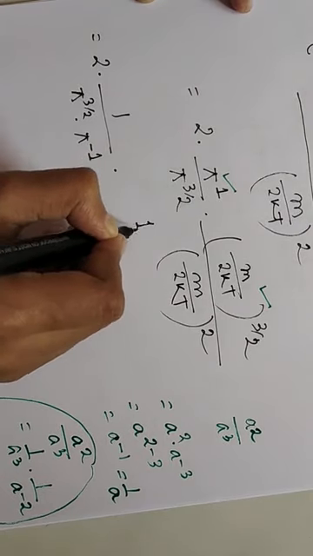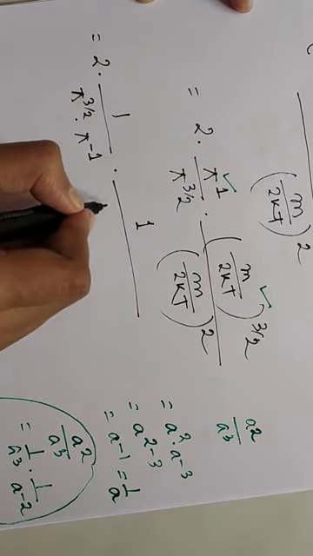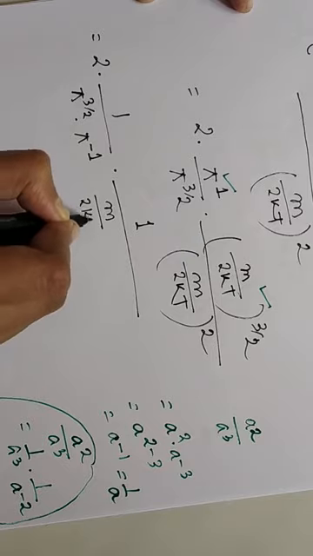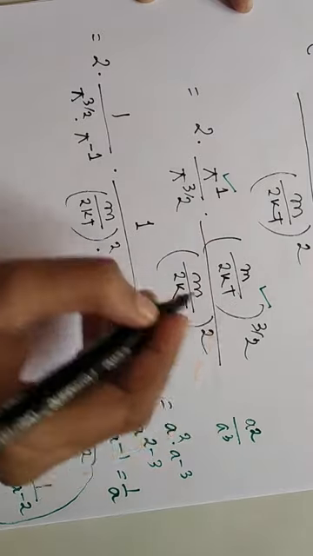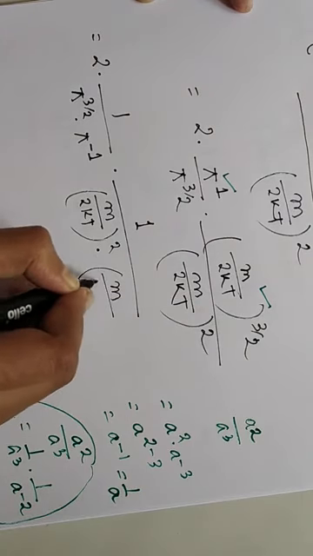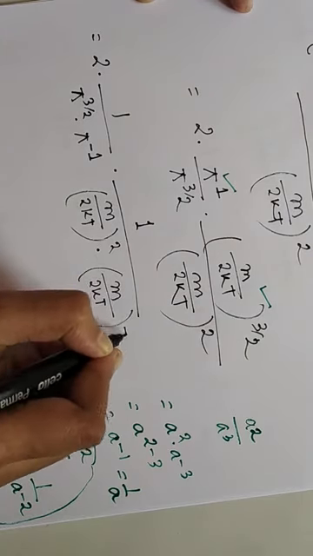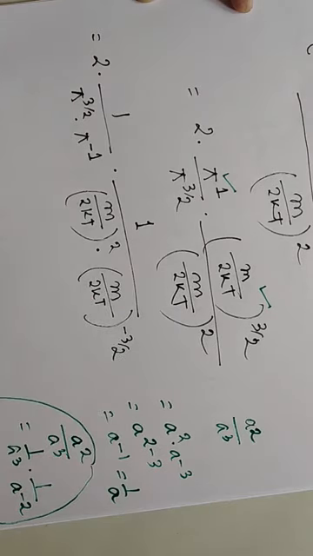Then again 1 by, we have already this m by 2 kt whole square, and we bring this m by 2 kt from the numerator to the denominator, so that its power will be minus 3 by 2.